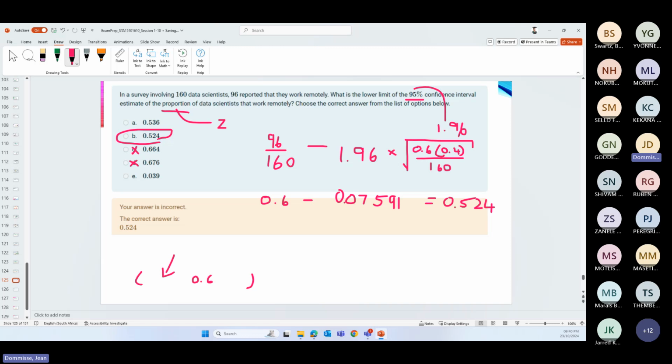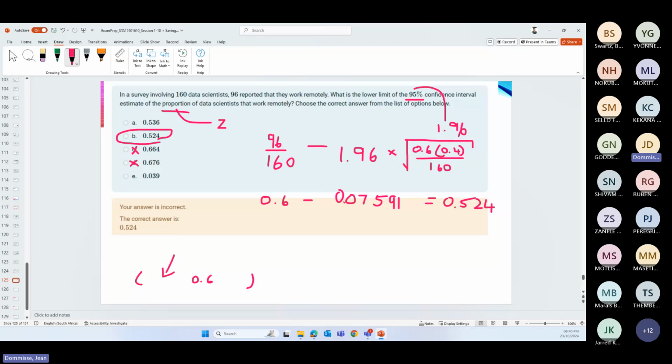Of a confidence interval, or then specifically the lower limit of a confidence interval of proportion, so we know we can use the Z. They said to us 95% confidence interval, so that means your Z is 1,96, and then we just subtract the twos.